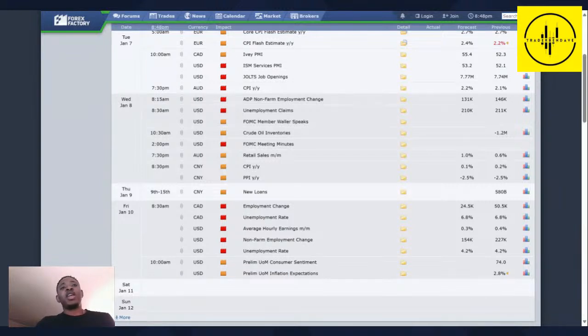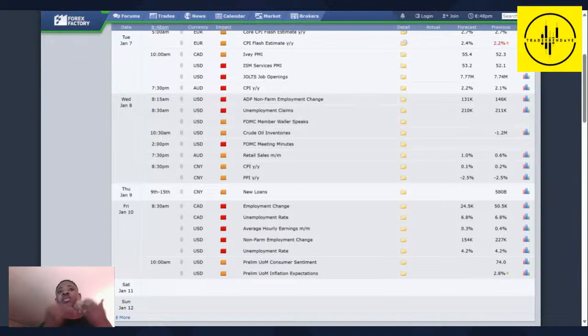But Friday would be super crazy because we have NFP, right? Friday is NFP. This is the first NFP for the year, and we should expect some good activity, especially depending on how the ADP, the JOLTS report and the PMI respond to the market on Tuesday and Wednesday.